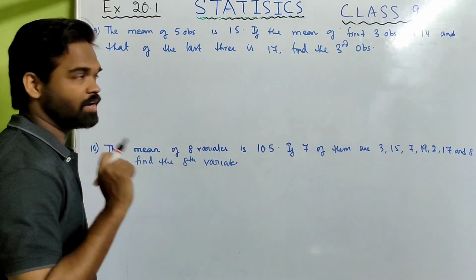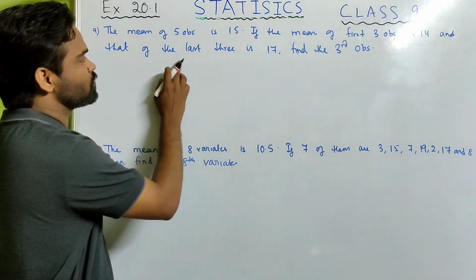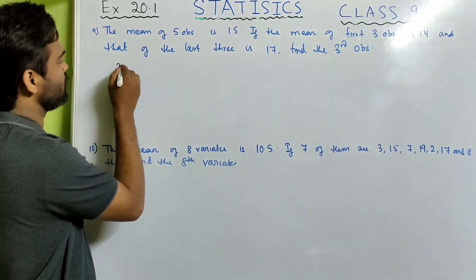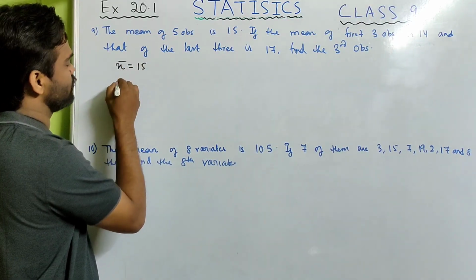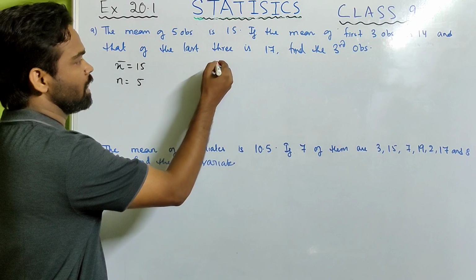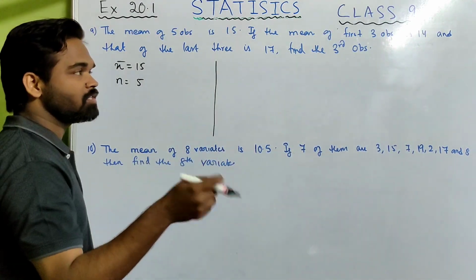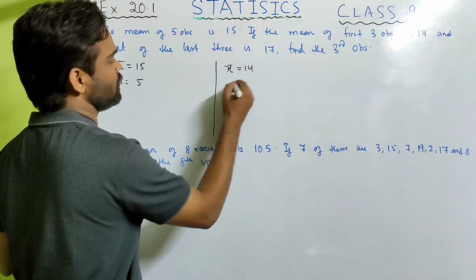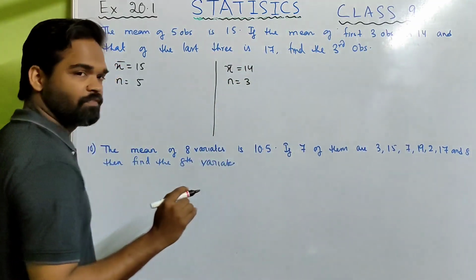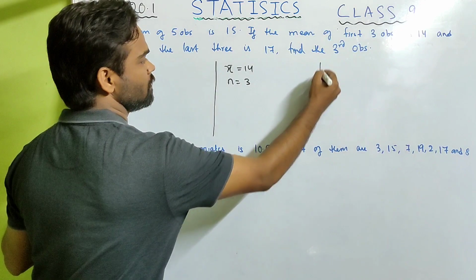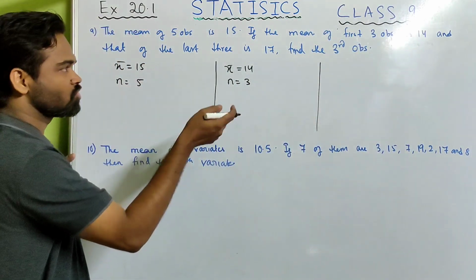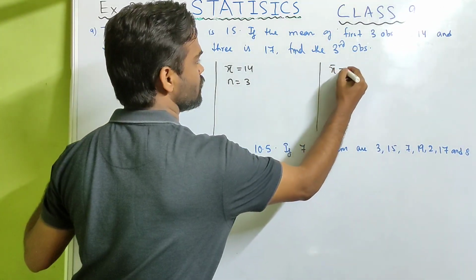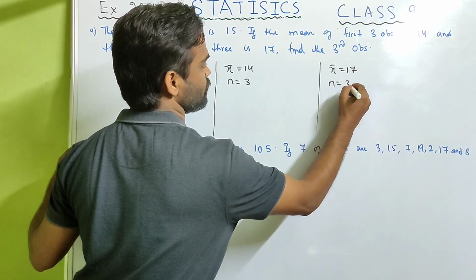Now look at number 9, very interesting. The mean of 5 observations is 15. The mean of the first 3 observations is 14, and the mean of the last 3 observations is 17. Now try to understand the sum.